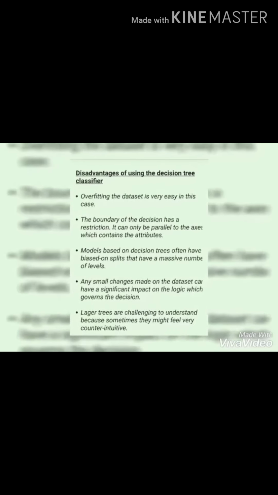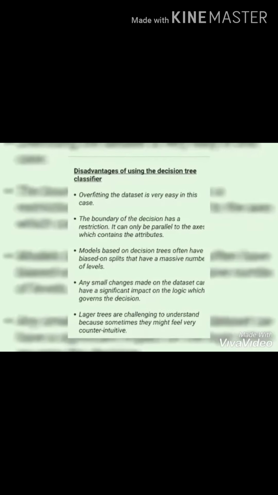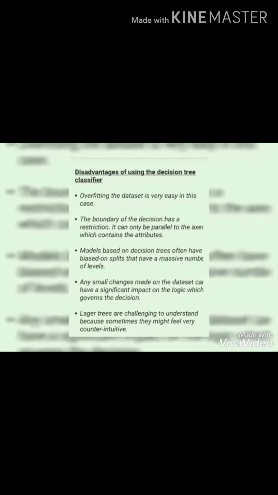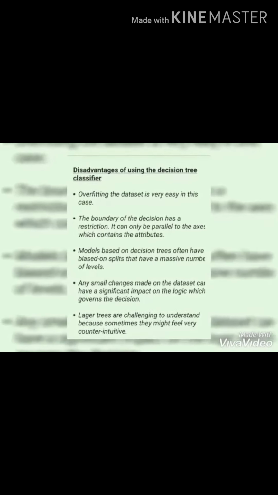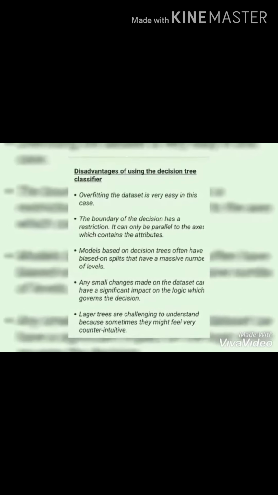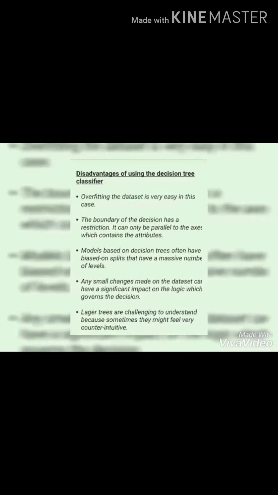Any small changes made on the dataset can have a significant impact on the logic which governs the decision. Larger trees are challenging to understand because sometimes they might feel very unintuitive.